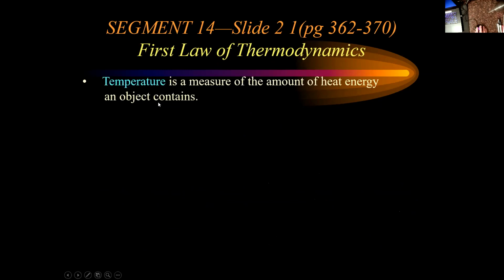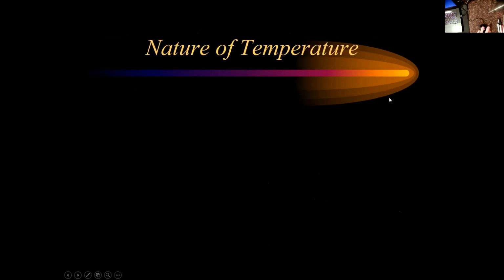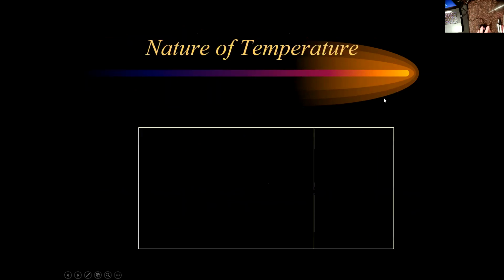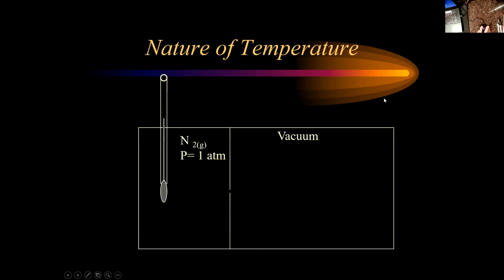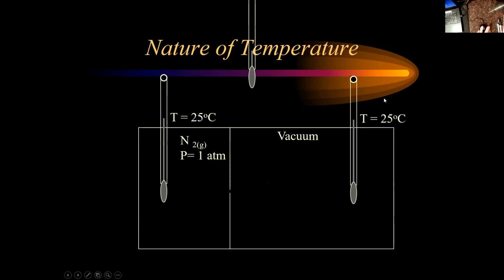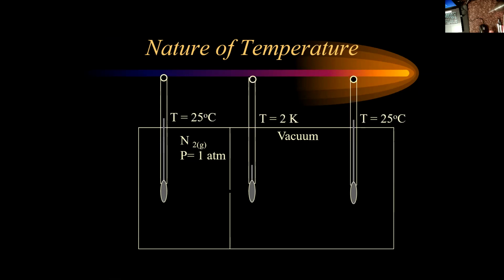Okay, so temperature is a measure of the amount of heat energy that something contains. I've shown you this before, but I'll remind you. I think I showed this way up in the beginning of the course.